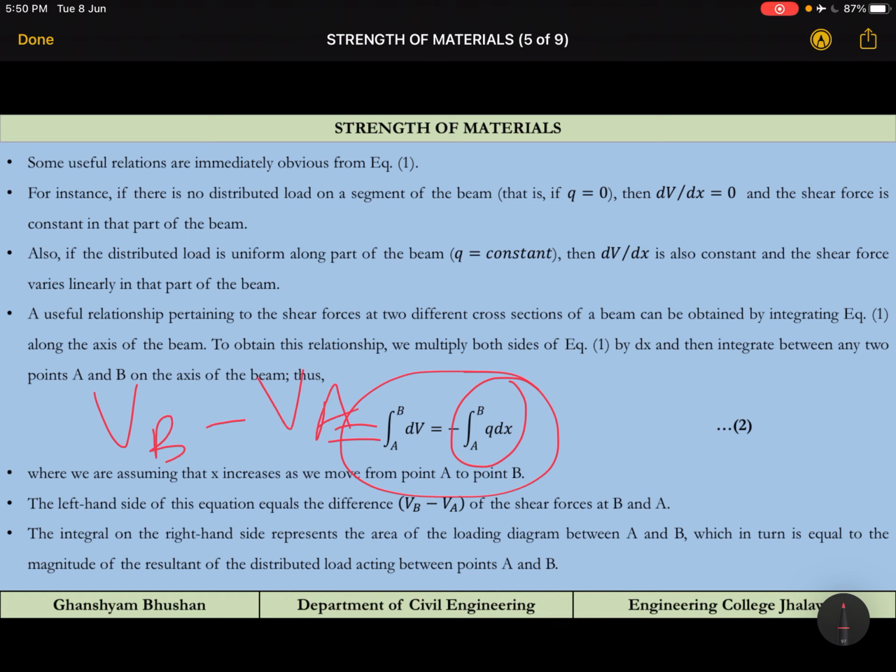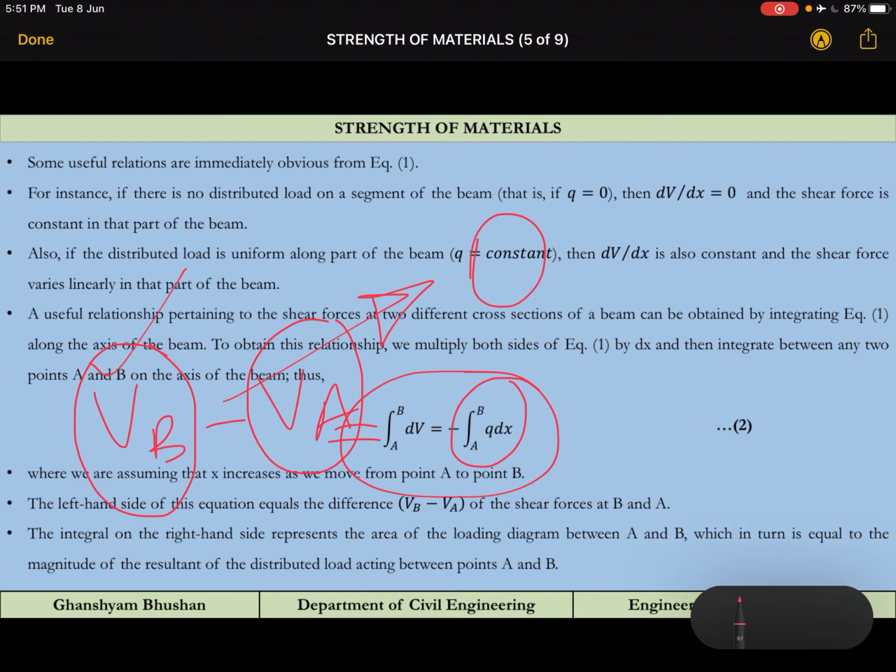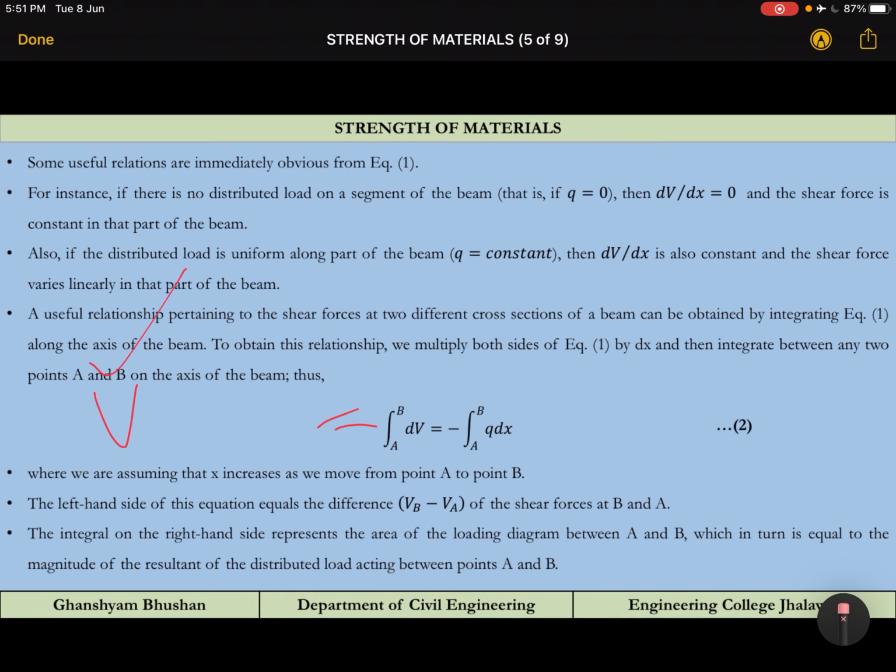So this is not the shear force, this is the difference between shear force in those two sections. So if you want to calculate at a particular section, let us say B, the A point should be chosen where shear force is 0, so you will directly get the value of Vb. Okay, so this is quite interesting.